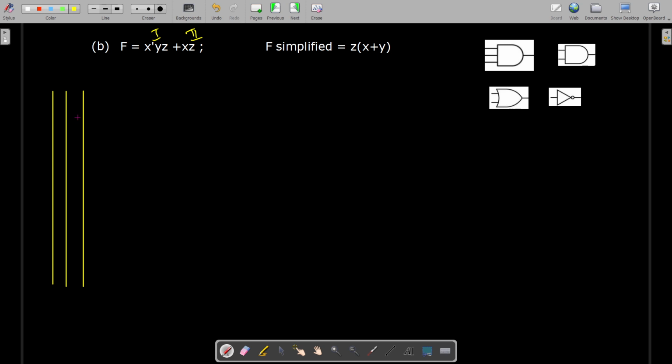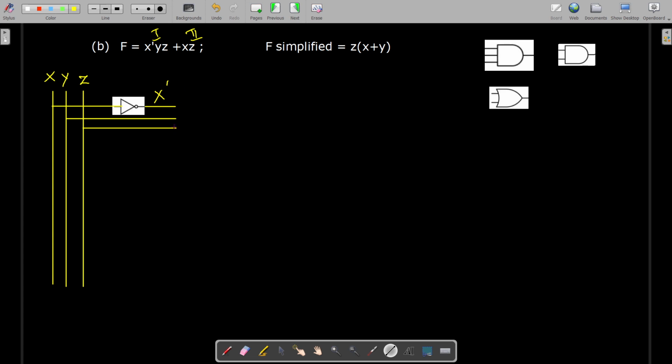So let's name them as x, y, z. So take the connection out of this x, then give it to one NOT gate, and the output is x dash here. Then we take the connection out of this y, then we take the connection from this z line.